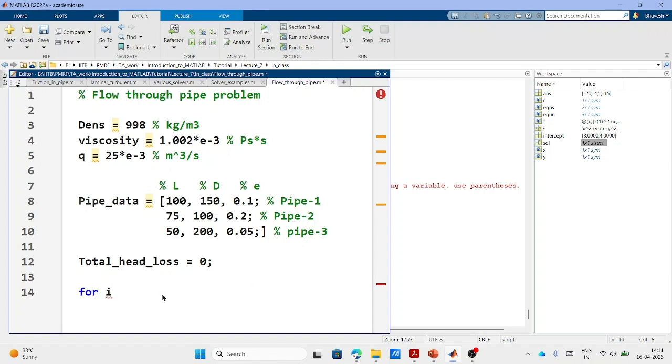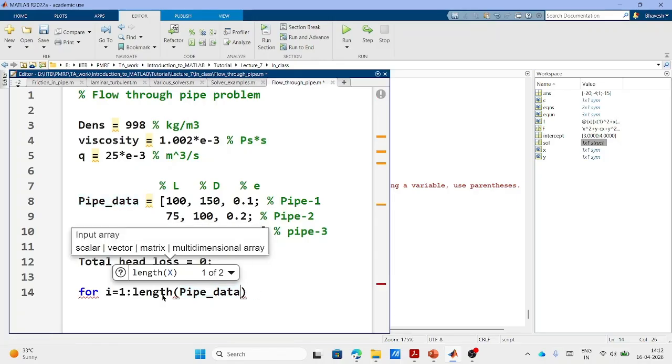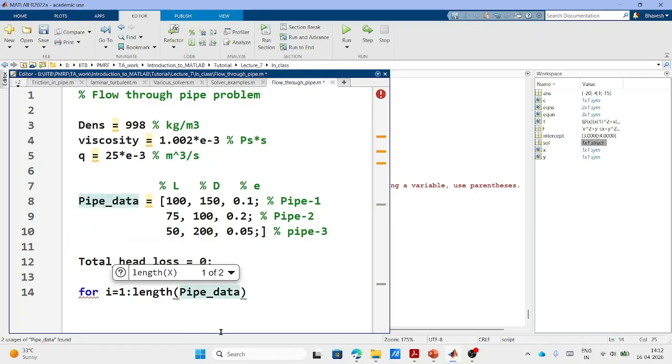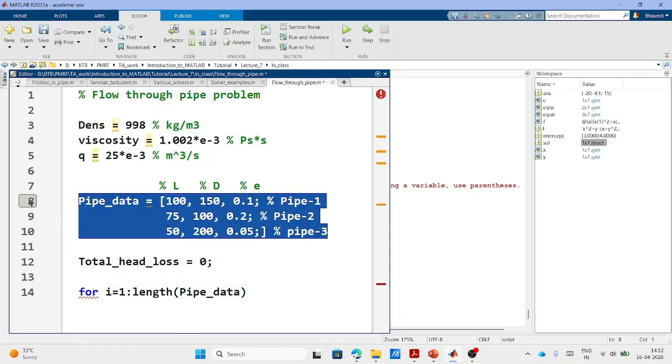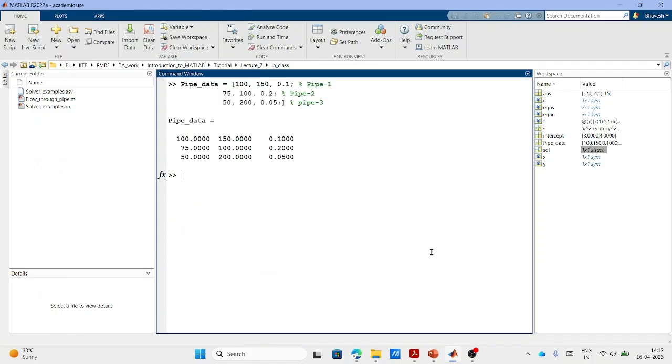So for loop, I will start one variable which will start with 1 and go to the length of pipe data. It's a matrix, so if I write the length of pipe data, I will get the maximum length.